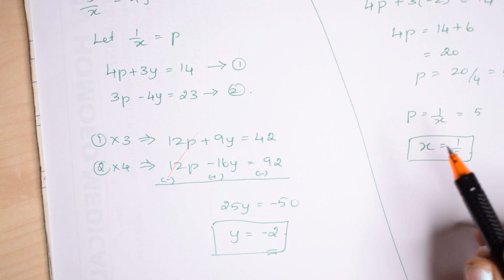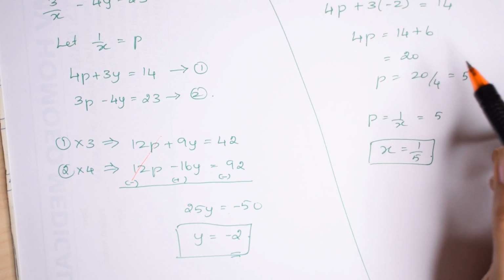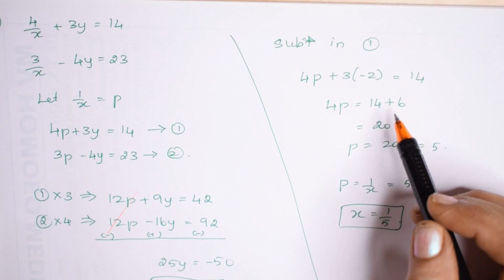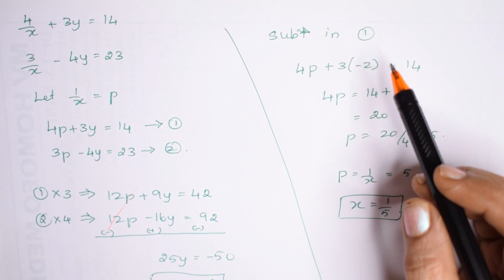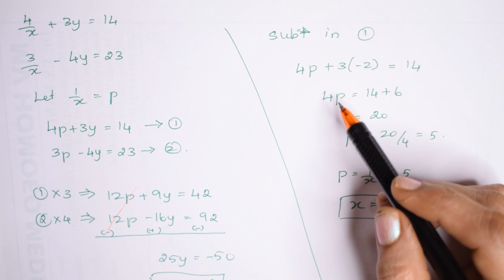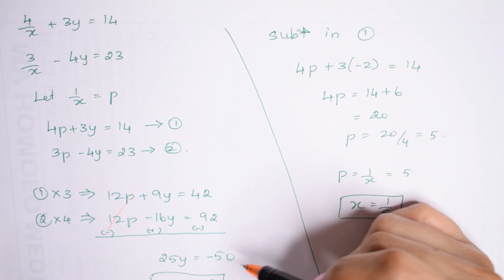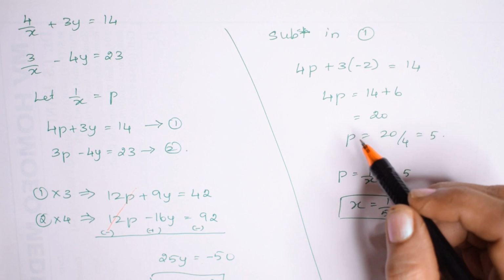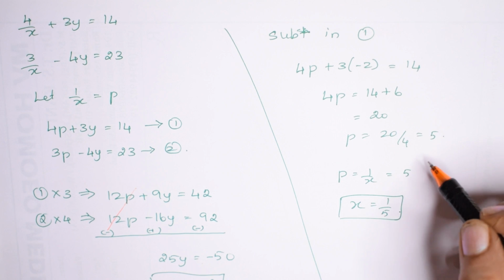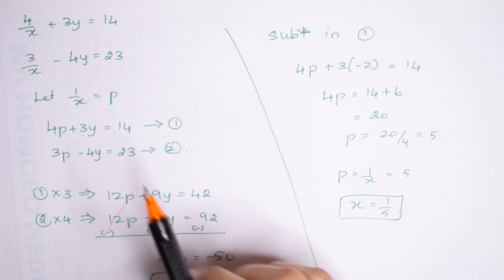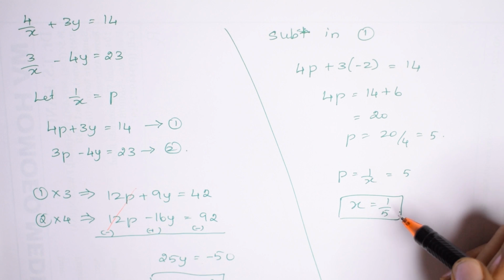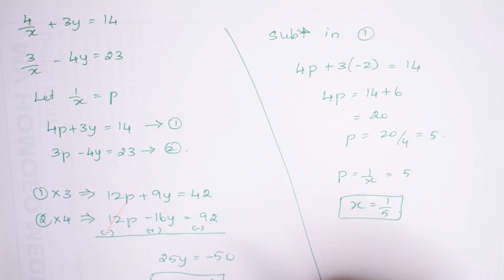Substituting the value of y in the first equation, I get 4p plus 3 into minus 2 is equal to 14. So 4p is equal to 20 and p is equal to 5. Again I have used 1 by x is equal to p. So for that alone I am substituting and I have y's value already. So I have x value is equal to 1 by 5.